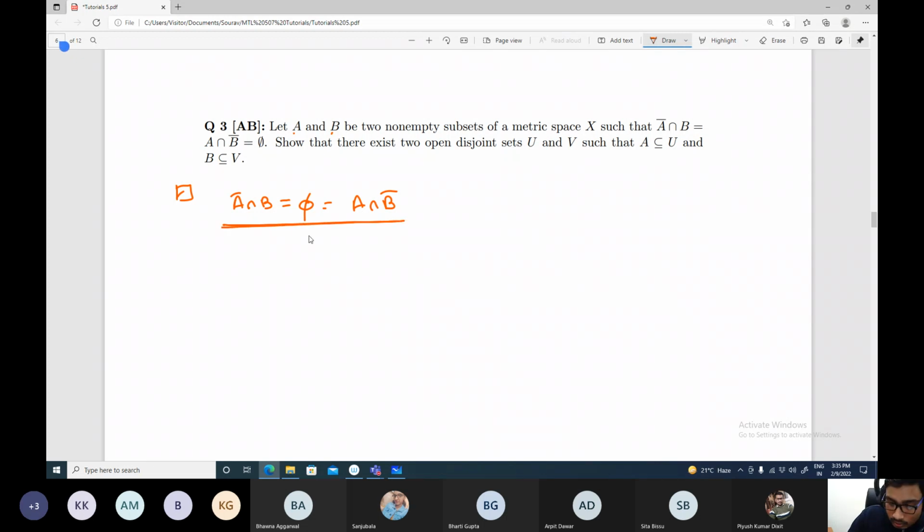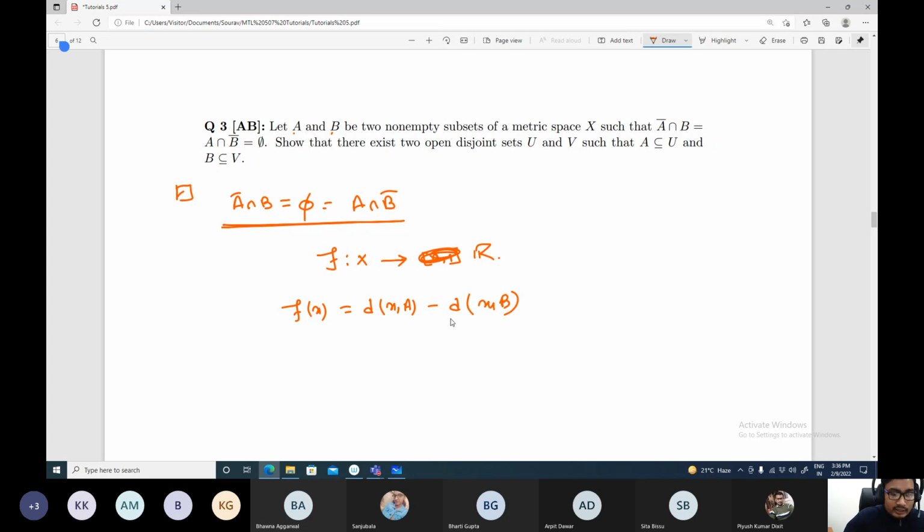Now let me consider a function. So have you got the question? What does it ask? Yes, sir. So now you consider a function f from X to R, not 0, 1, and define this f of x as d of x comma A minus d of x comma B, right?